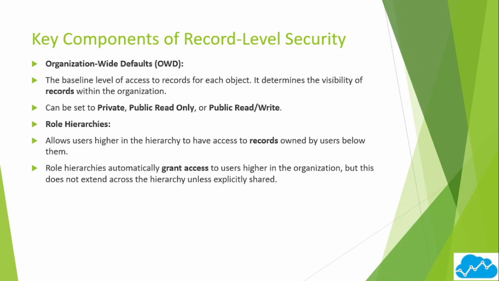Role hierarchy allows users higher in the hierarchy to have access to records owned by users below them. So if someone lower in the hierarchy is the owner of a particular record, all the users above them in the hierarchy can access that record, but they can't perform any operation on it.